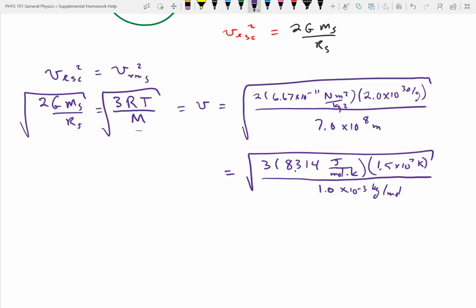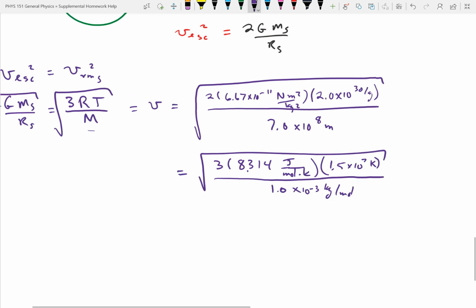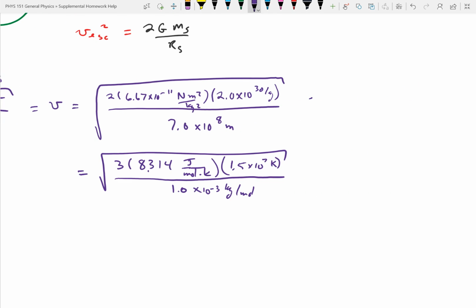So let's calculate both of them. Okay, so the first one we got 6.17. Of course, I only use 2, so 6.2 times 10 to the 5. And what do we get for the second one? It's an 8.3.